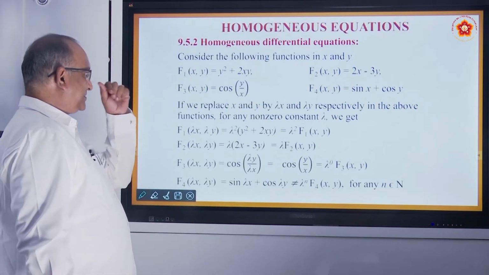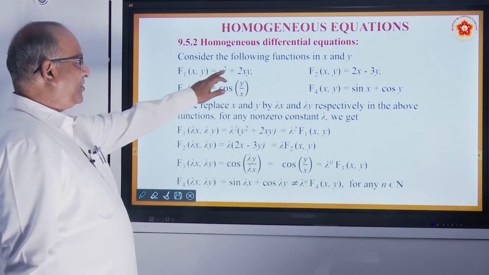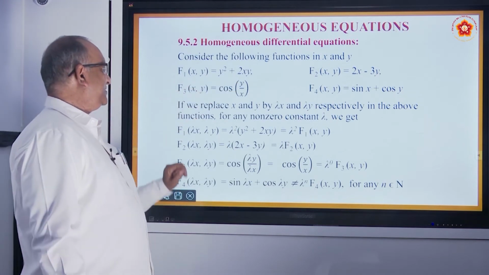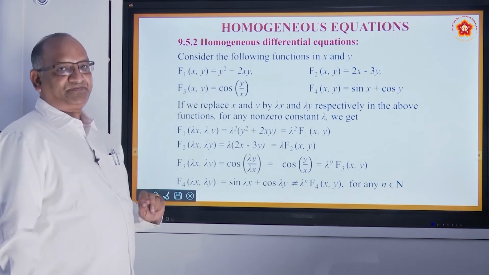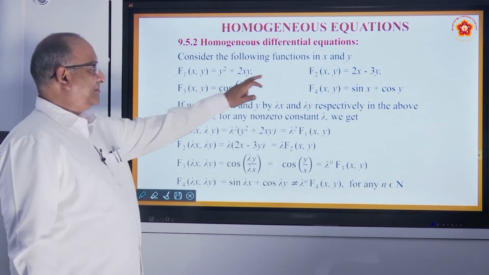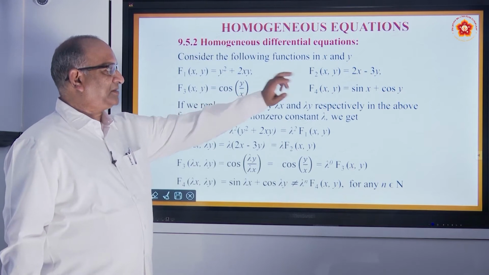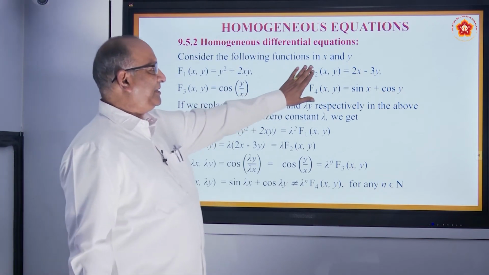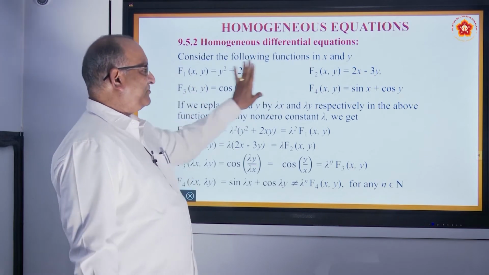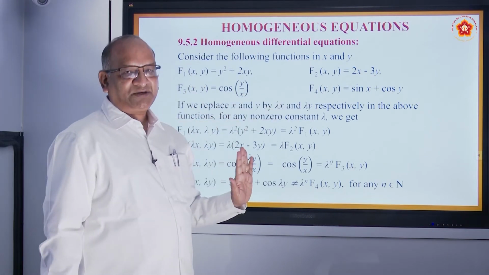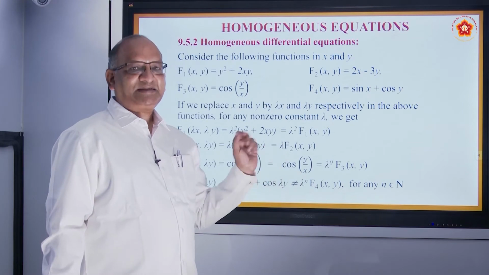Let us look at this. Consider the following functions in x and y. f1(x,y) is this. The second one, f2(x,y), is 2x minus 3y. f2 basically means a function. f1 is one function, f2 is one function, f3 is one function, f4 is one function, and they are functions of x and y.